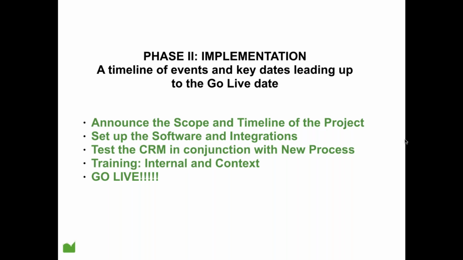So again, remember that in this phase, it's basically everything leading up to that go live day or week. It doesn't have to be a day. The bottom line of this day or week is it's just the deadline of when everybody should be prepared and ready to use the new CRM, and they should be able to stop using any old system or old processes as far as this day or this week is concerned.